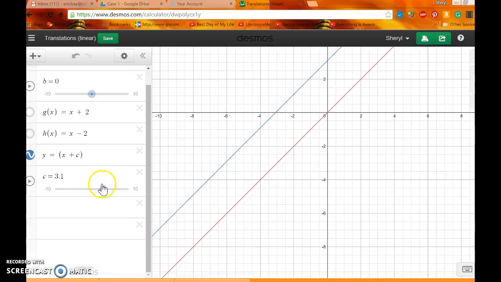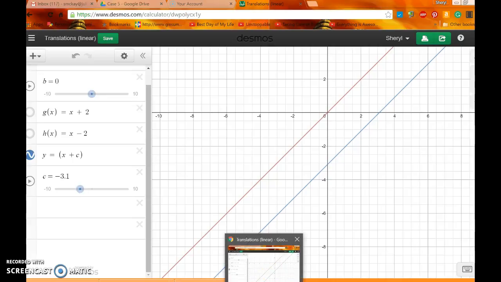And when I make my c negative, it slides to the right. So the thing about horizontal translations is that it does the opposite of what you would expect. That's a key thing I want you to notice.